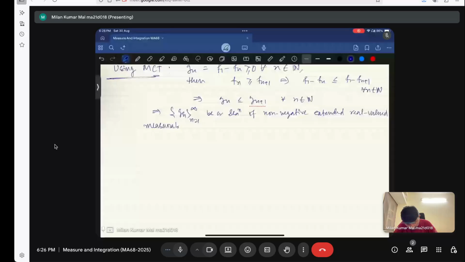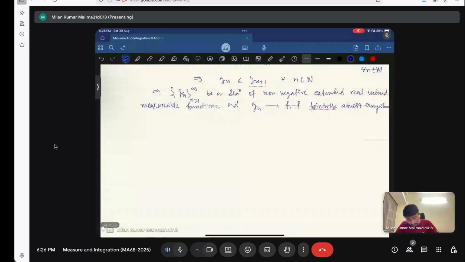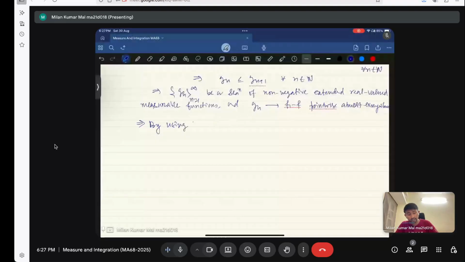And Gn converges to f1 minus f, that's true, there is no doubt, as n tends to infinity, almost everywhere pointwise. That implies we can now use the monotone convergence theorem on the sequence Gn.